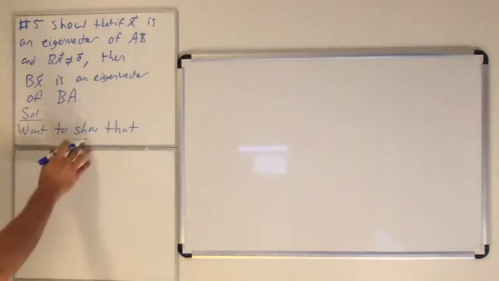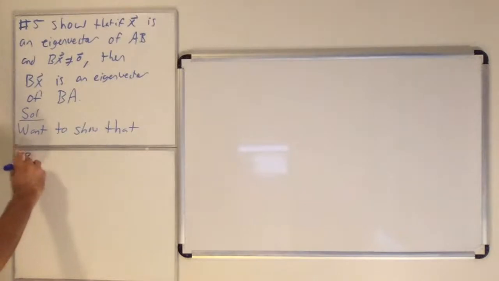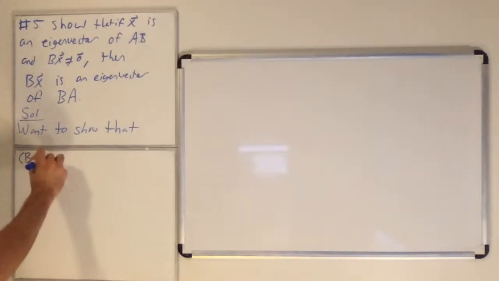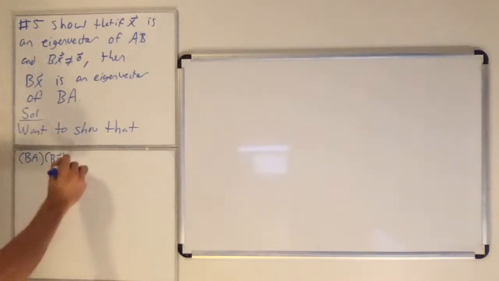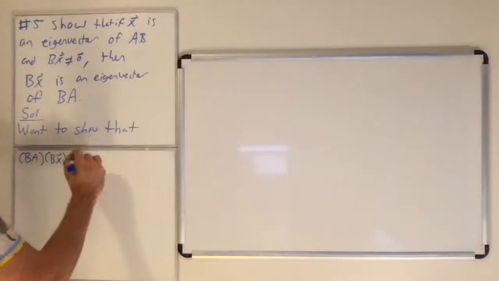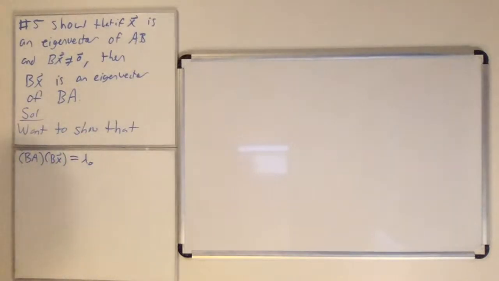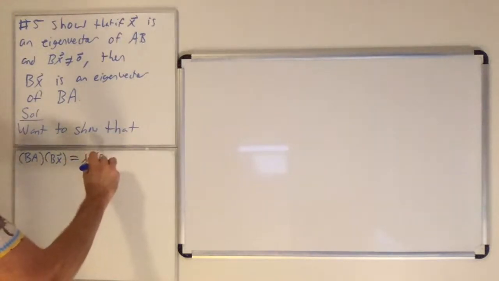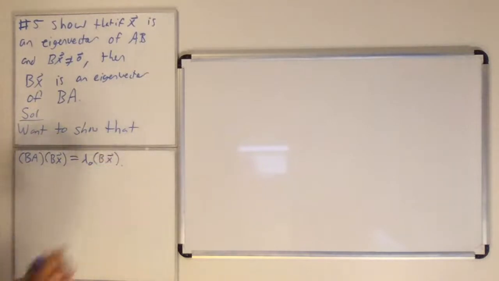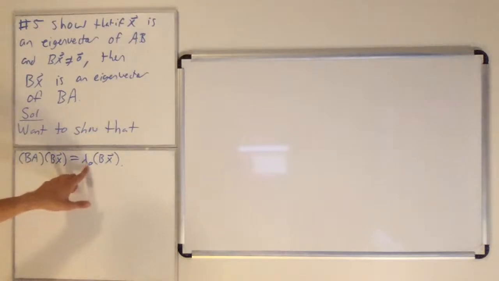So we want to show that if we take the matrix BA and multiply it by the vector Bx, it's some multiple, which we'll call, let's say, lambda 0, times the vector. Okay, so that's our goal. If we could show this, we're done, right? Because that's what it means to be an eigenvector. It means that if you multiply by the matrix, you get a scalar multiple of the vector. So far, so good.